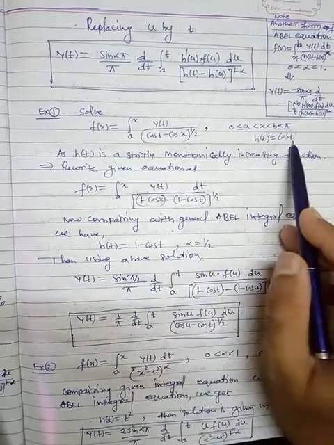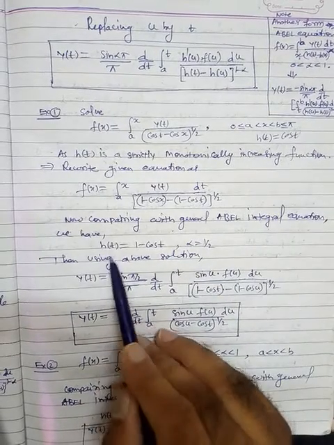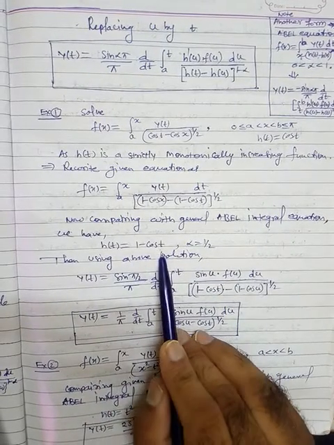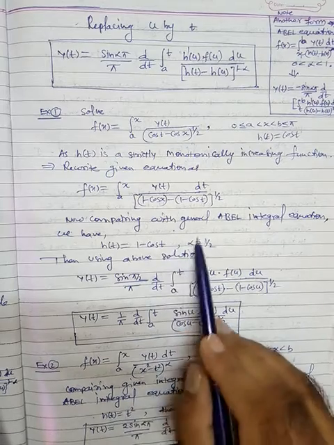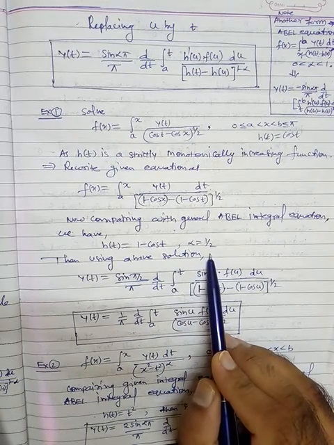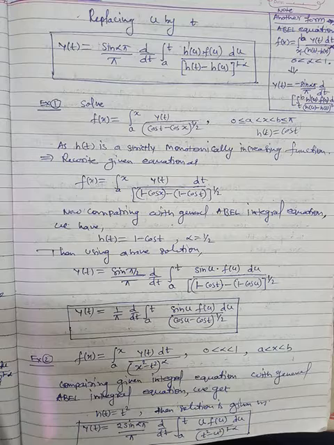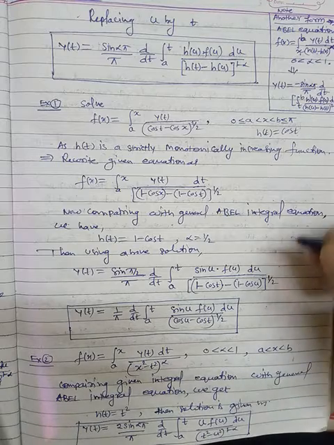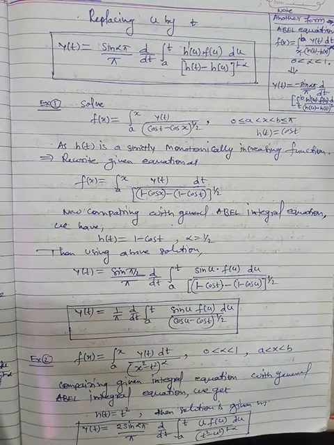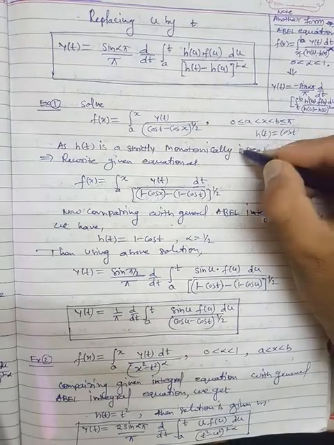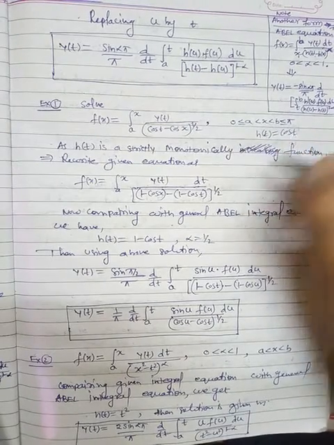So here rather than taking this h, we are taking this h. h(t) is 1 minus cos t, and alpha is half. Okay. The earlier one is monotonically decreasing.